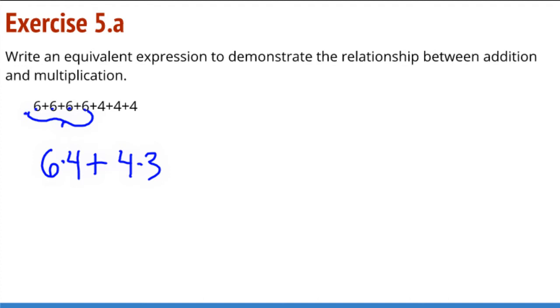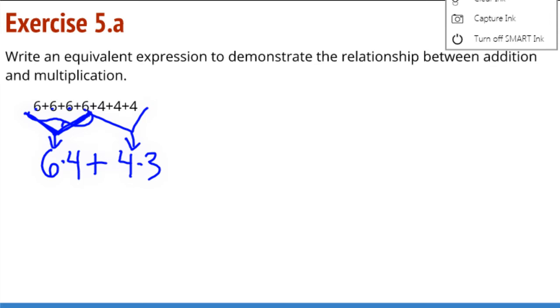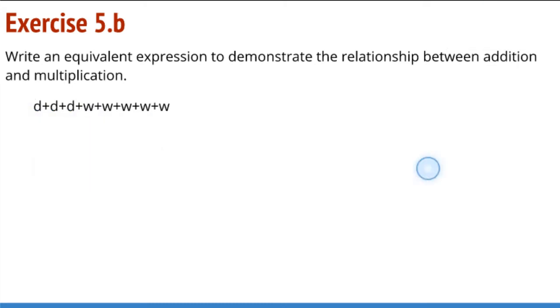So I have taken this and equated it to this multiplication, and I've taken this and replaced it with this multiplication. Check my notes and make sure there isn't something sneakier I'm supposed to be doing there. Nope, I think that will work just fine.